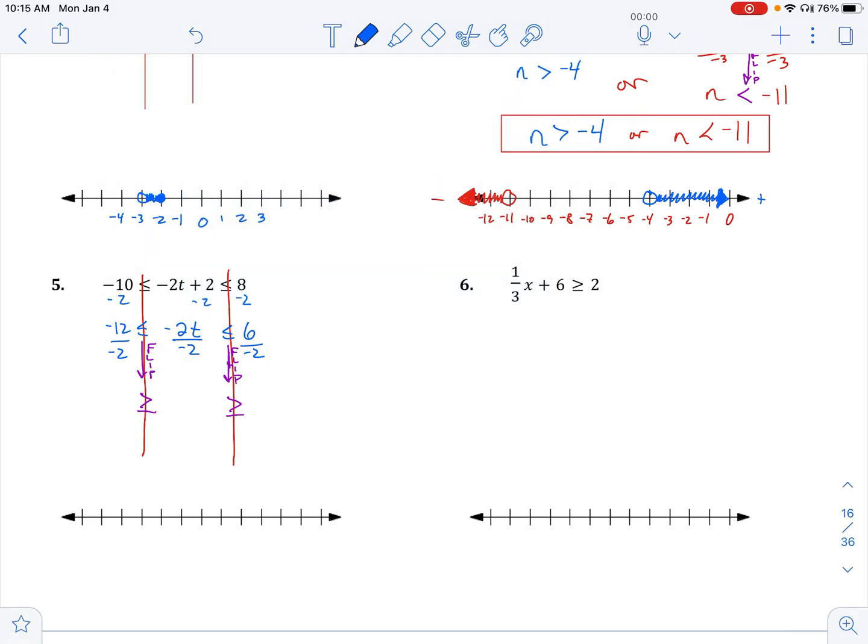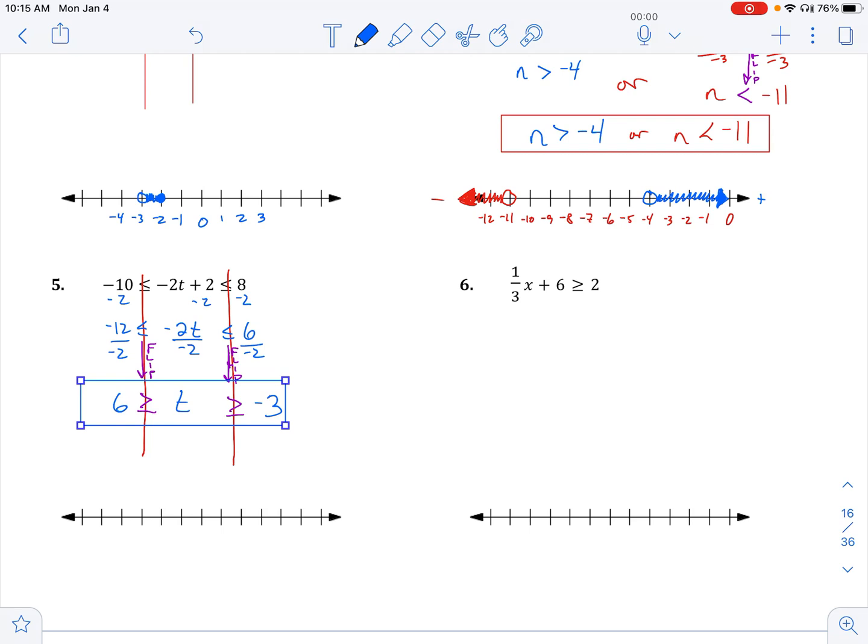Negative 12 divided by negative 2 is positive 6. Negative 2t divided by negative 2 is 1t. And 6 divided by negative 2 is negative 3. We can recognize here that the variable t is located between 6 and negative 3.